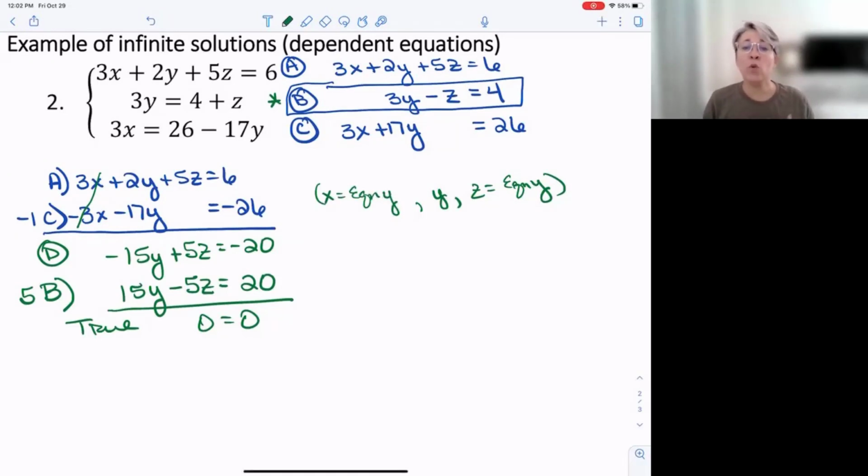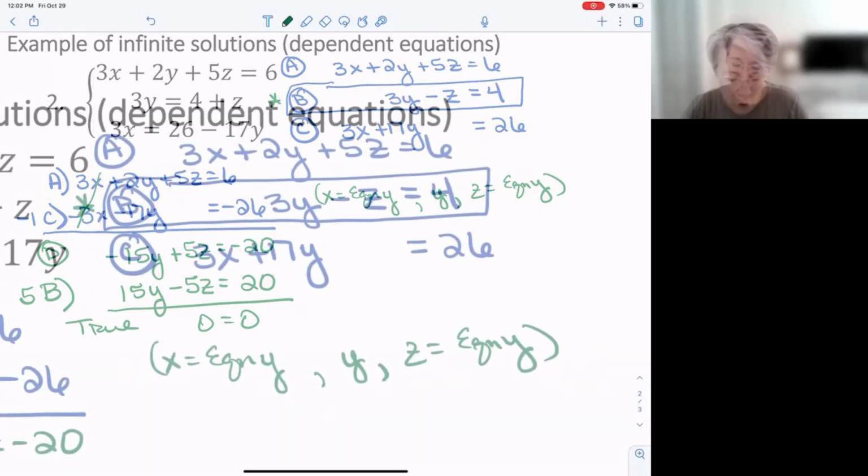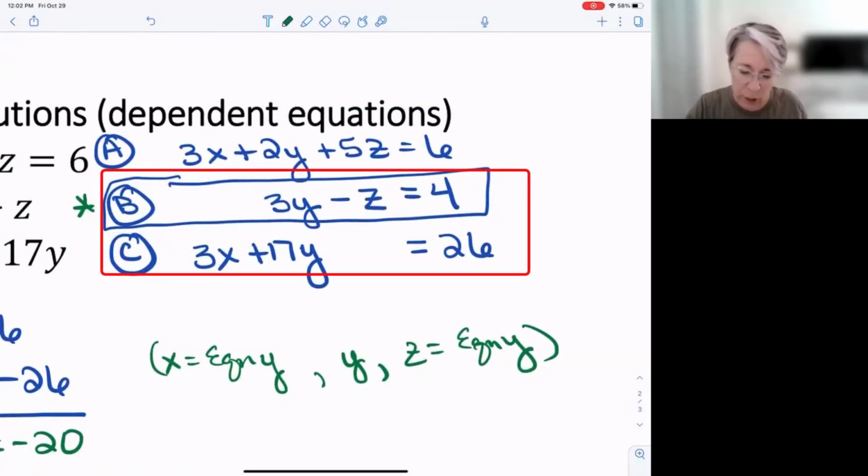Now, let me show you why I would choose y. Notice equation B and equation C both have y in them. In B, I could get the z by itself and have an equation with just a y. And in C, I can get an x by itself with an equation with y. So that would give us two really nice functions.